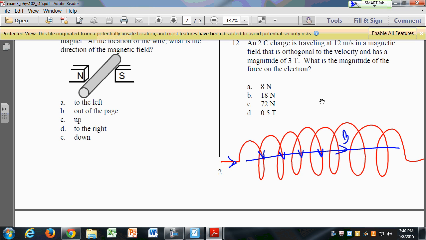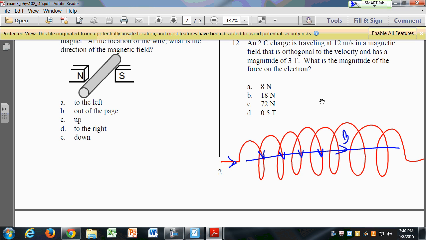Okay, so here, I have this loop of wire. It's sort of hard to see, but imagine that you can't see the loops on the backside. So I have this loop of wire, and where the arrows are is the side of the loop that's closest to you. I let my thumb go in the direction of that current, and each loop makes a magnetic field that folds around. So out on this side of the loop, it's in that direction, but inside of the coil, it's in this direction.